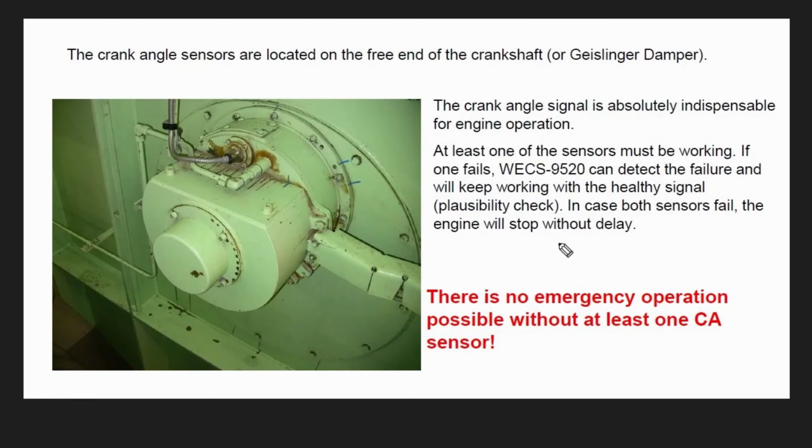This is your most important part of main engine, which is called crank angle sensor. You can see here CA sensor, crank angle. You can see, I will highlight it. So there are two sets of crank angle sensor which is present on each main engine.